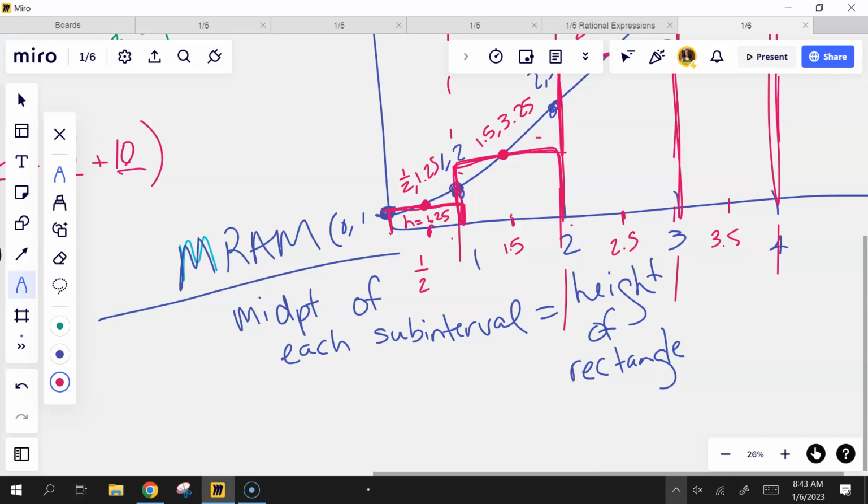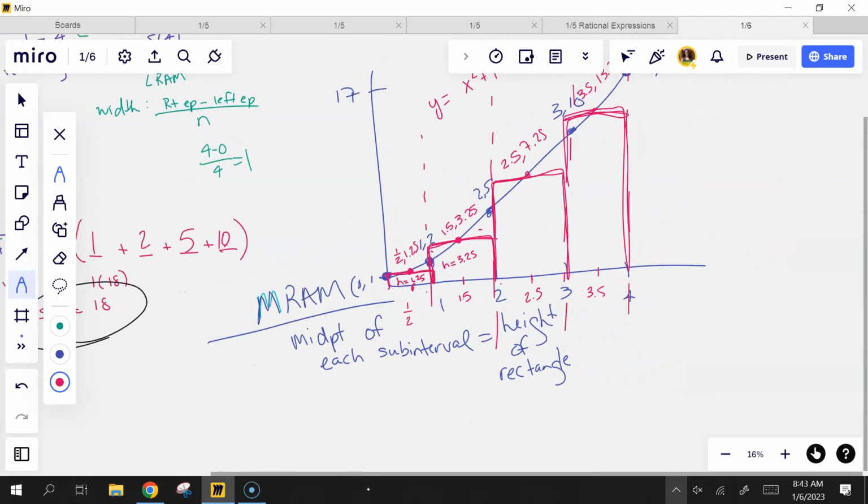What's the width? Still 1. It's always going to be 1. No matter where I put the height of the rectangle, the width is going to be 1. How about the height of this one? 3.25. How about the height of this one? 7.25.